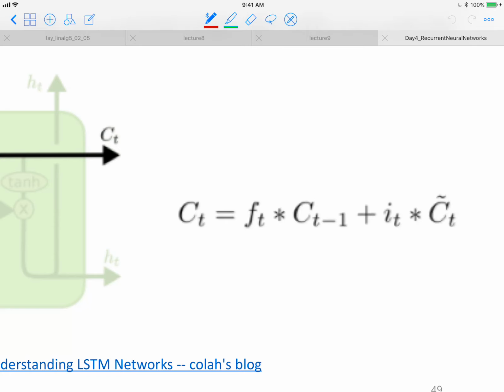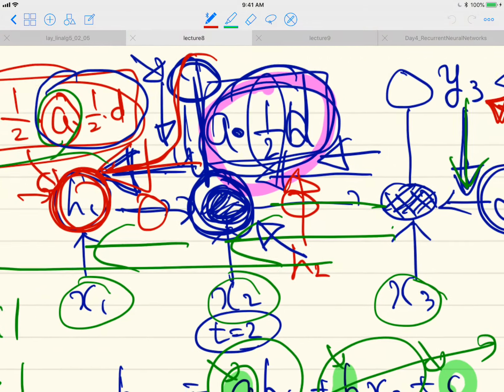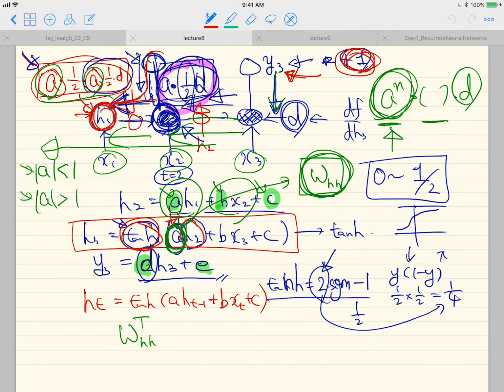In this case, H1, H2, and H3: the operations that transform H1 into H2 are based on this linear transformation A, and also this tanh thing, right?